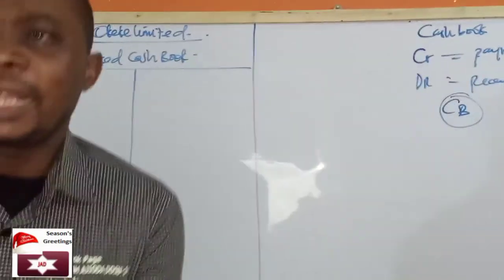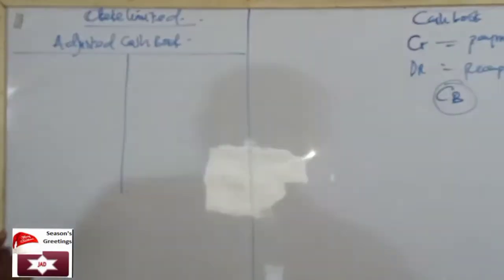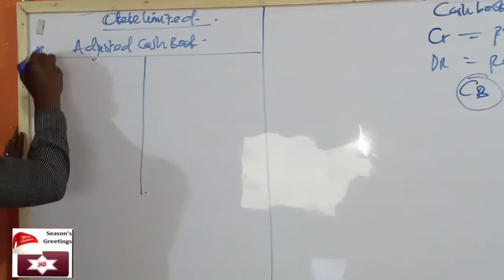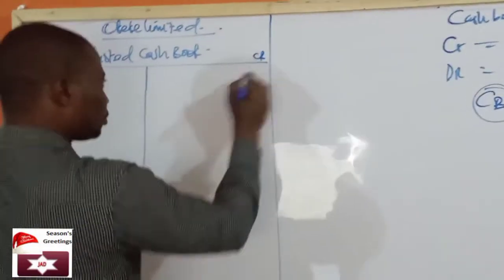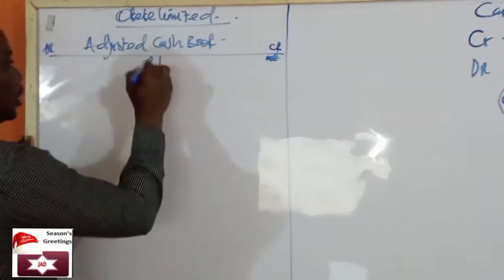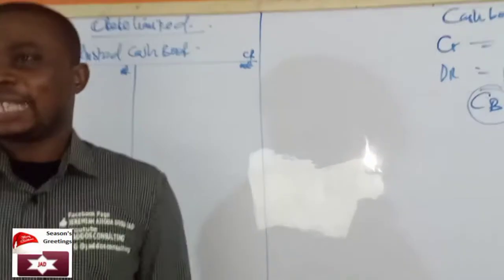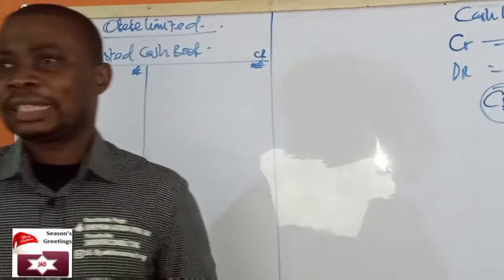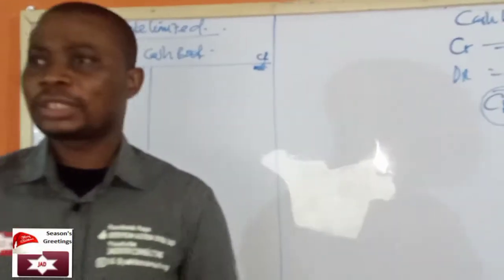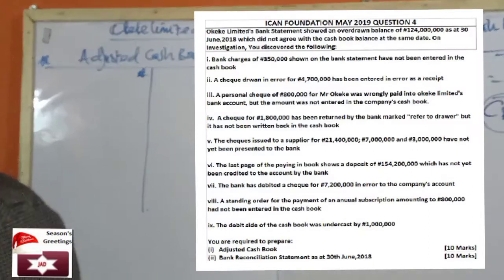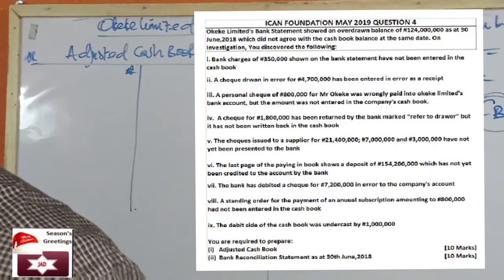Before we prepare the adjusted cash book, we need to get the opening balance, the balance the cash book has that is not agreeing with the balance the bank statement has. Let's see what the cash book balance is in the question. It said OKK Limited's bank statement showed an overdrawn balance.